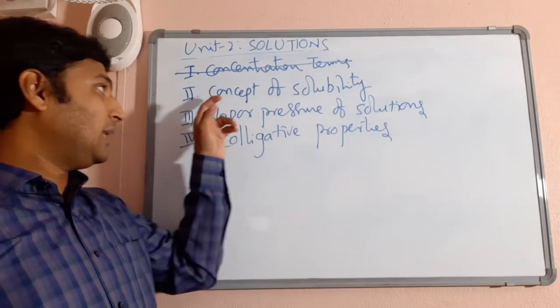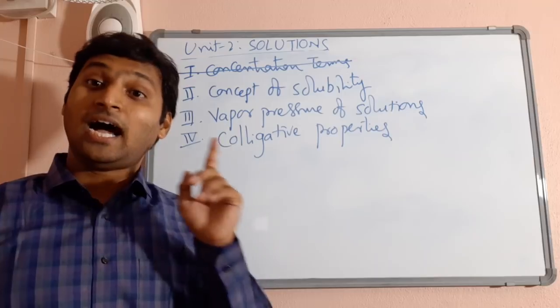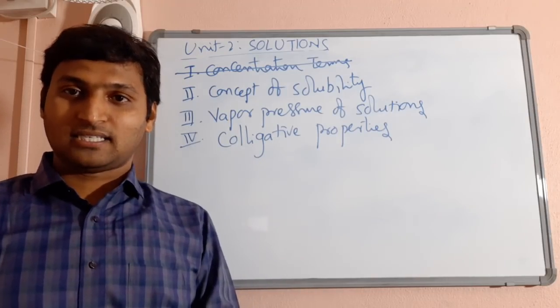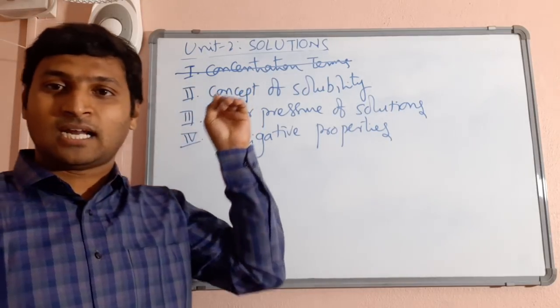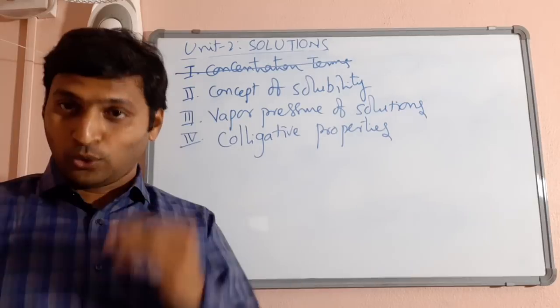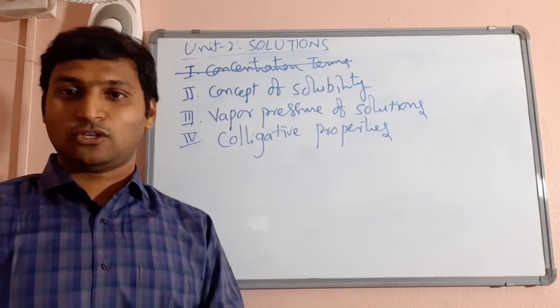That's why I am directly going to concept of solubility. However, at the end of the chapter, when we solve objective exercise, we will solve questions based on concentration terms also, so that it gets revised again for you in these video lessons also.